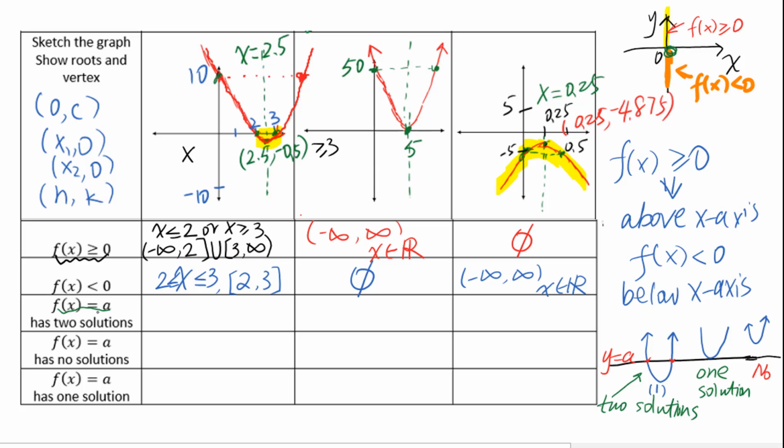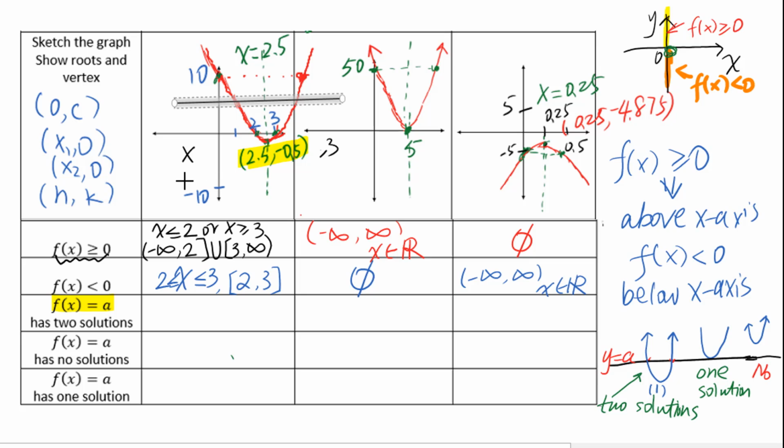For f of x equals a, in what situation does it have two solutions? We know this is a minimum point. When you draw a line above this minimum point, like this, you will cross this quadratic function twice.